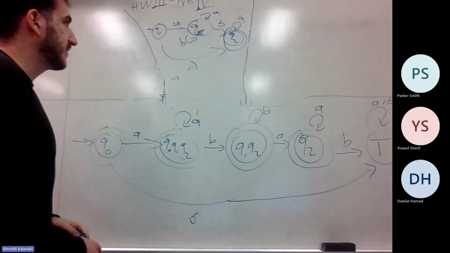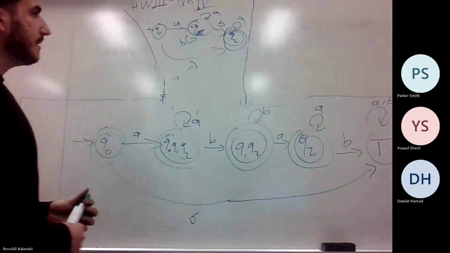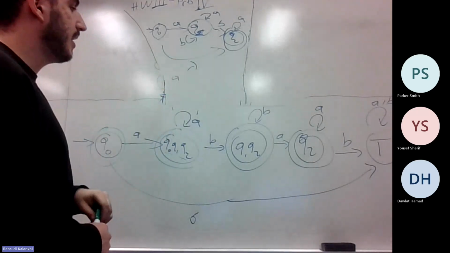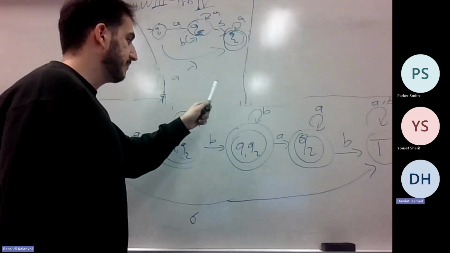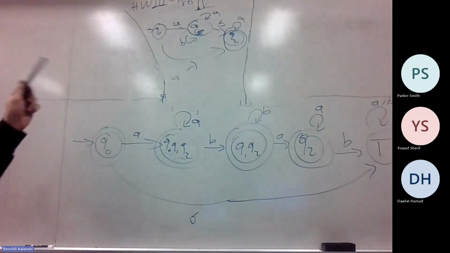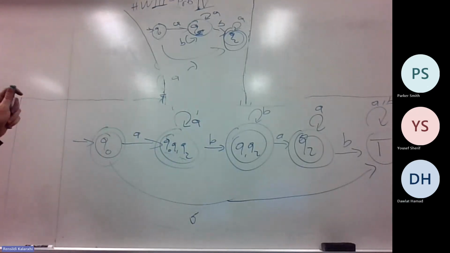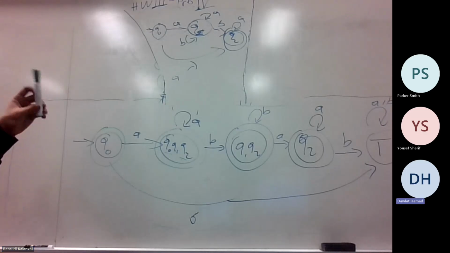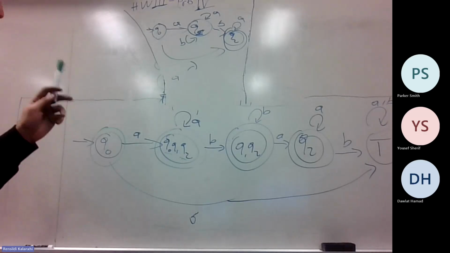But since we need this, how are we going to figure out choosing as many B's as we want for the final transition? How can we do that?